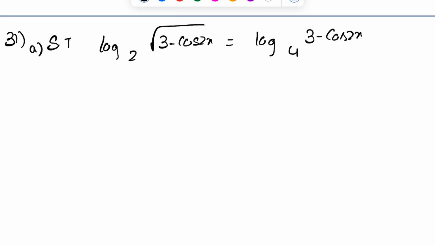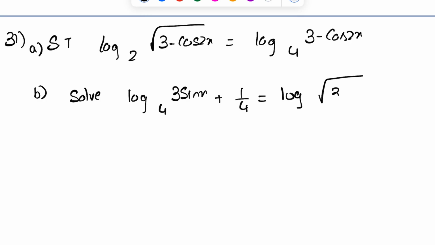Then that's part A. Part B is solve. Using that, log 3 sin x to the base 4 plus 1 upon 4 equals log square root of 3 minus cos 2x to the base 2.